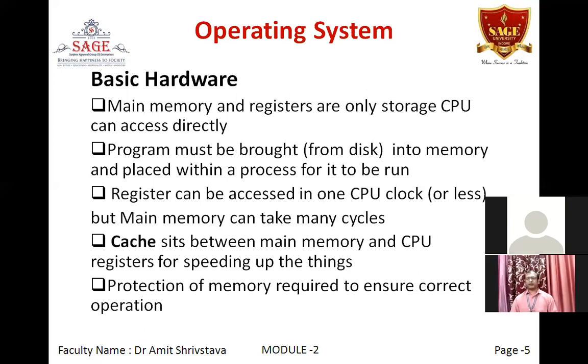But if our data is present on the main memory, then it might require several memory cycles for the CPU to access that data. To compensate for this delay, there is another memory, cache memory, which sits between the main memory and the CPU registers. So for speeding up the things, and the protection of memory is also required to ensure the correct operations.